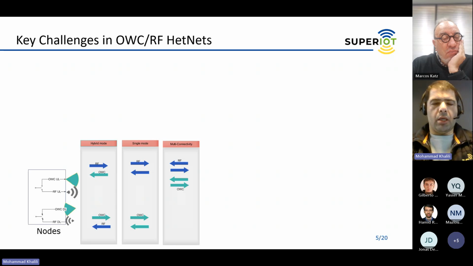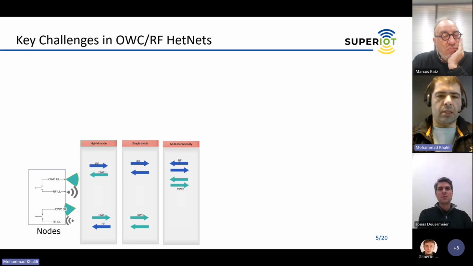Another way is single mode communication, that the node only uses RF or OWC. Another option is multi-connectivity, where nodes can use both RF and OWC concurrently.